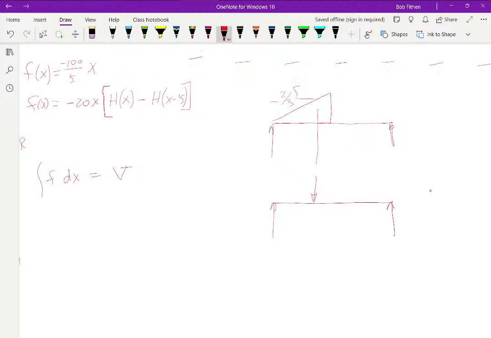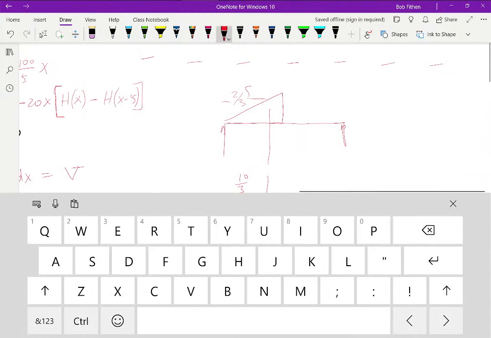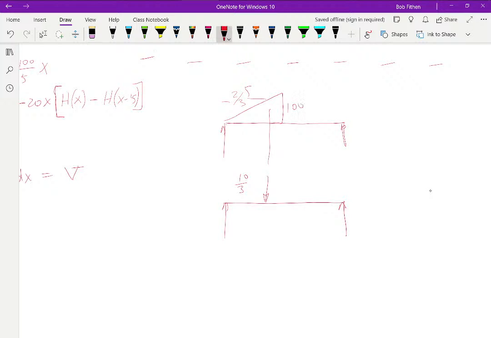So it's 10/3, and its value is 100. 100 times 5 is 500. This is a distance of 5, so it's 250.